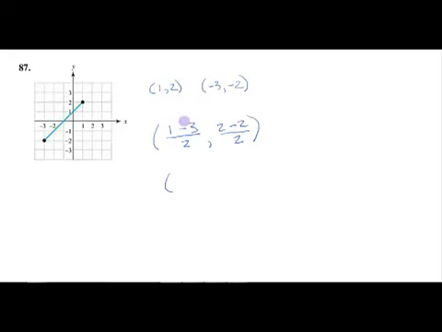So 1 minus 3 is -2, divided by 2 is -1, comma, 2 minus 2 is 0, divided by 2 is 0. So we have this point -1, 0 as the midpoint.